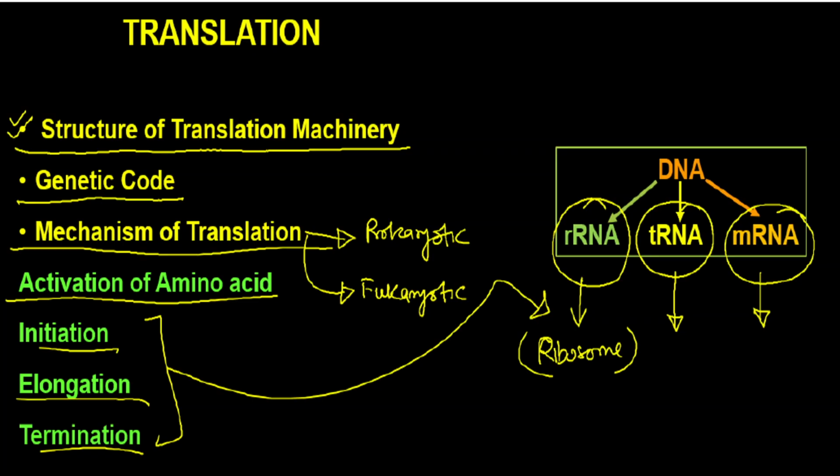The protein must be terminated at some point where the sequence is completed. For that there must be some procedure by which our ribosomes come to know that this is the end of the protein and no further amino acid addition is required here. That is the process of termination.